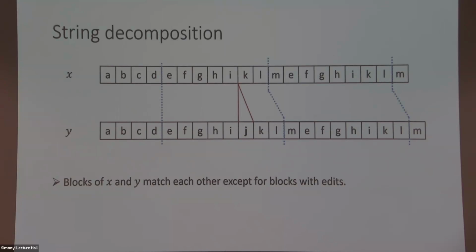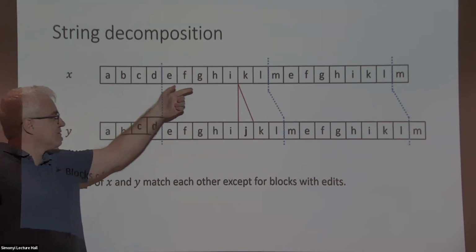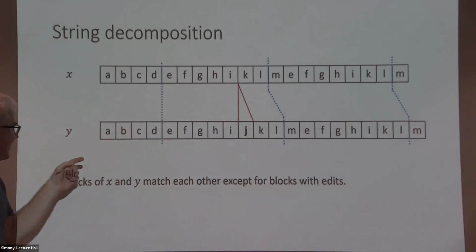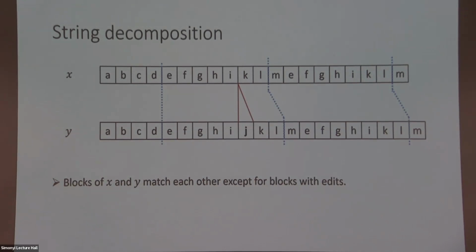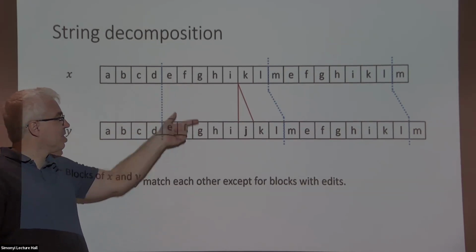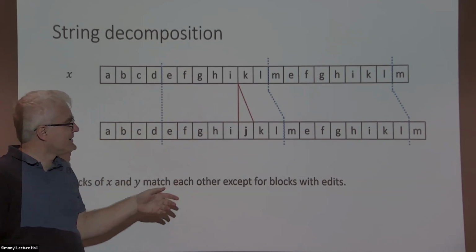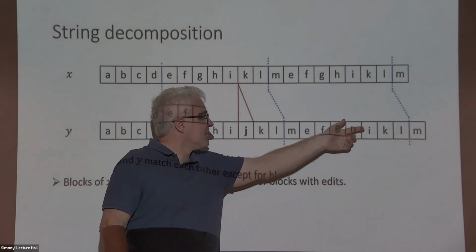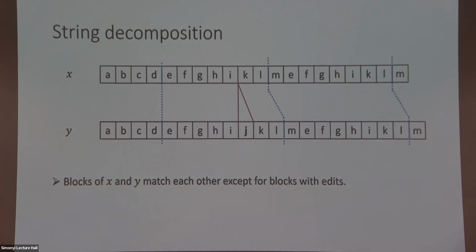So we have seen that the problem of computing edit distance for x and y is aligning properly the pieces of x and y. And imagine we would have some magic tool which would break the string x into pieces, into blocks, and string y also into some blocks, so that the matching blocks would be nicely aligned, and then there might be some pairs of blocks where there are these edit operations, and then again these are nicely aligned.